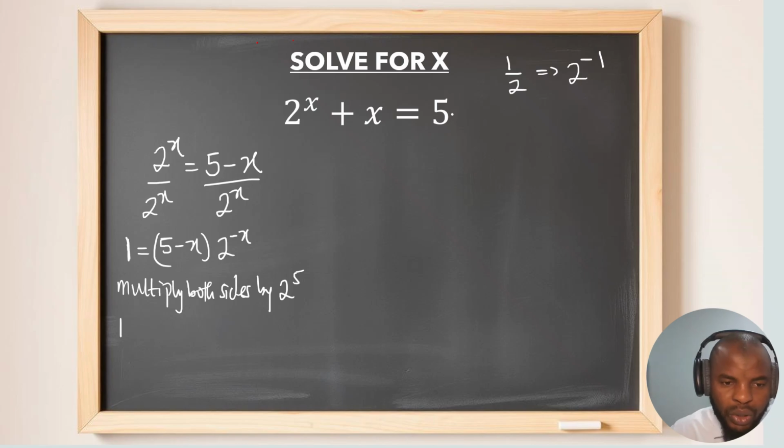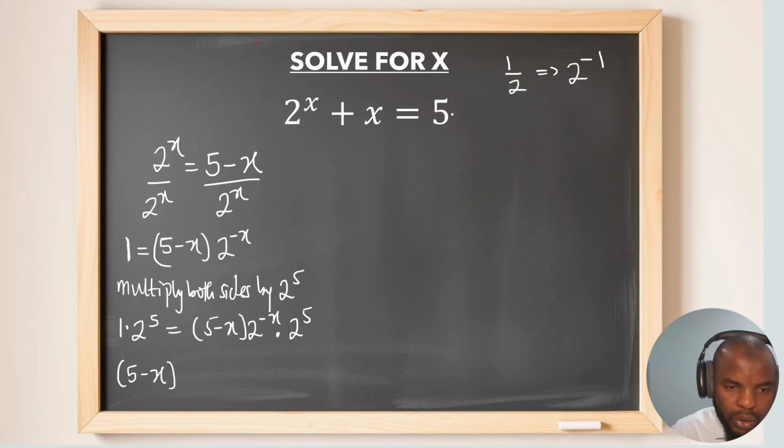Then, here I'm going to have 1 times 2 to the power of 5 equal to 5 minus x, 2 to the power of negative x times 2 to the power of 5. So, switching the sides, here I'm going to have 5 minus x. And this is going to be 2 to the power of negative x plus 5.